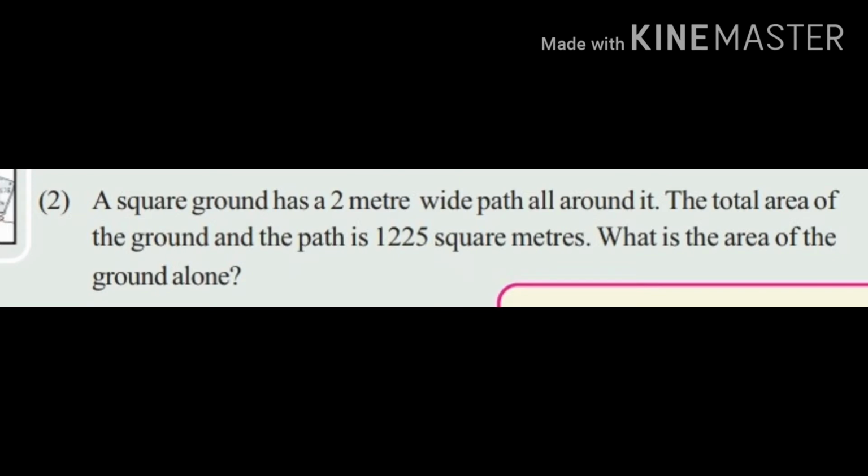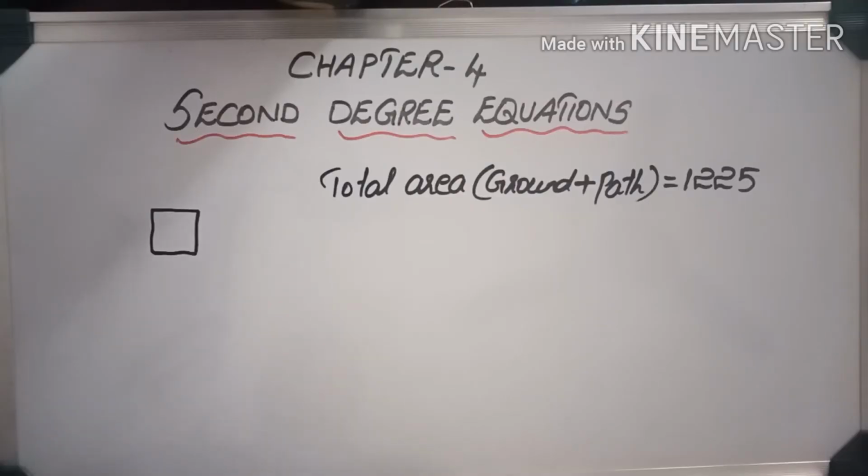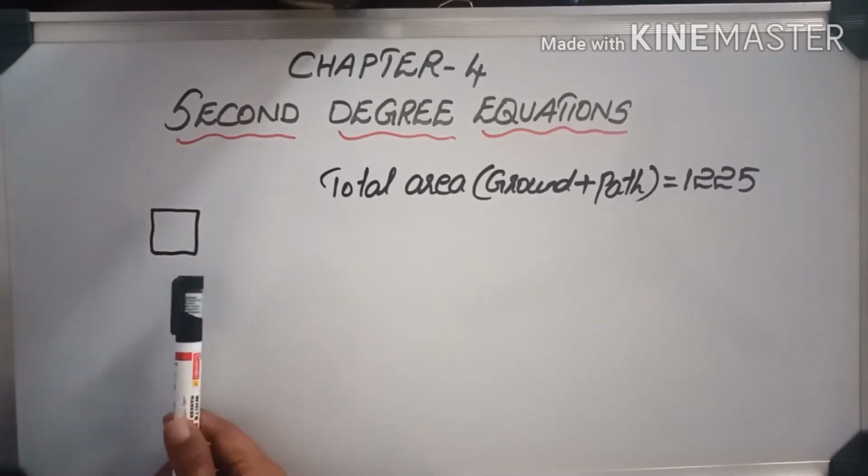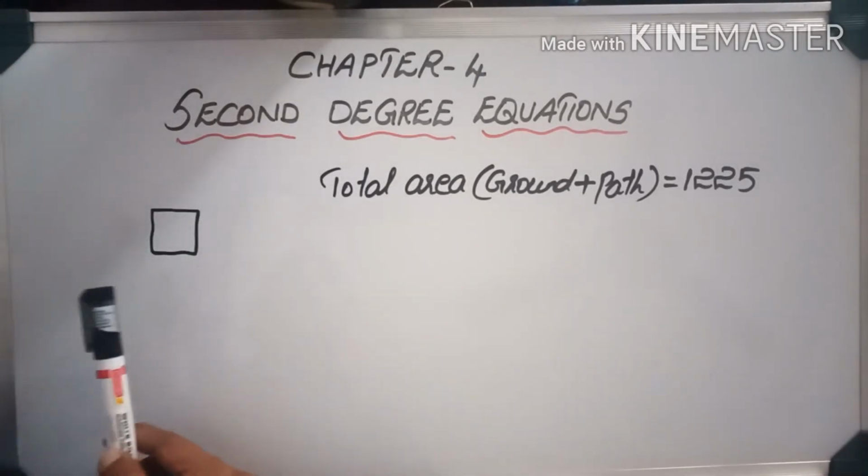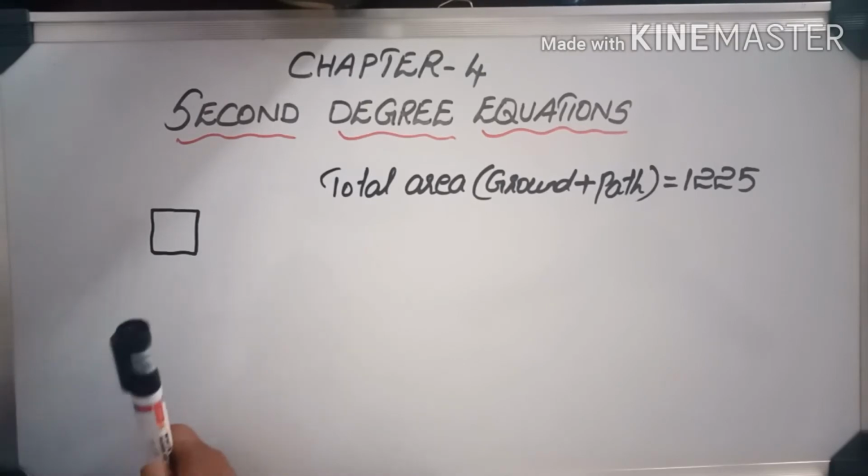Next is question number 2. A square ground has a 2-meter wide path all around it. The total area of the ground and the path is 1225 square meters. What is the area of the ground alone? First, let's draw the rough figure. We have a square ground like this, and around this square ground there is a 2-meter wide path.